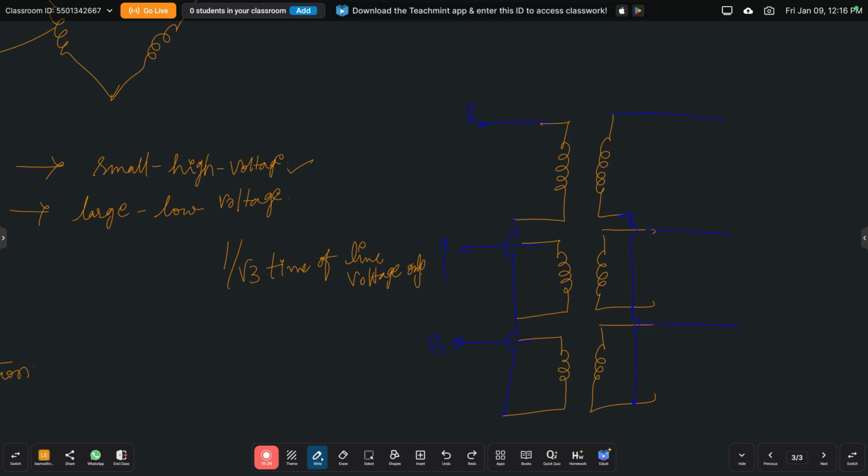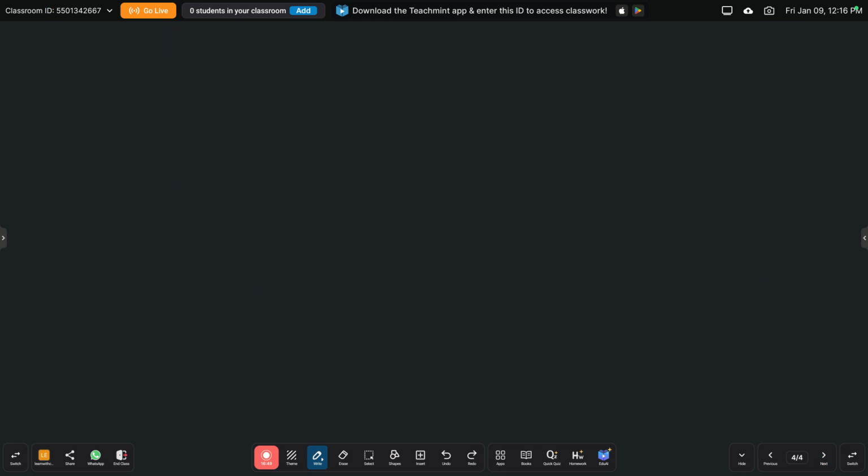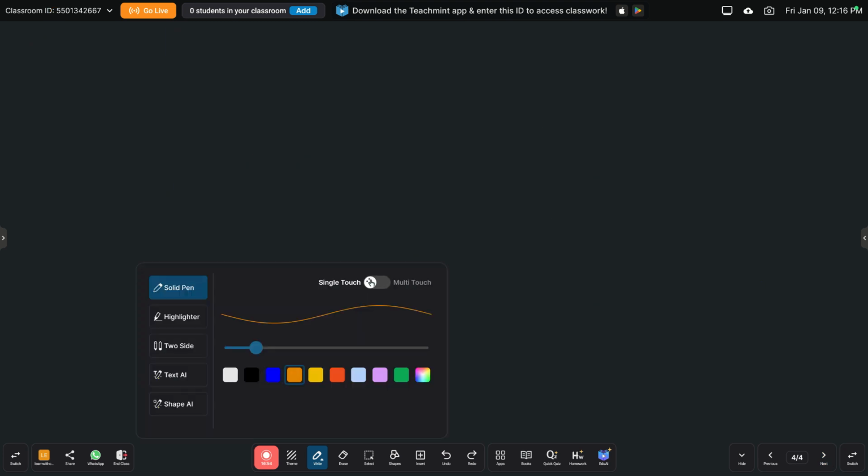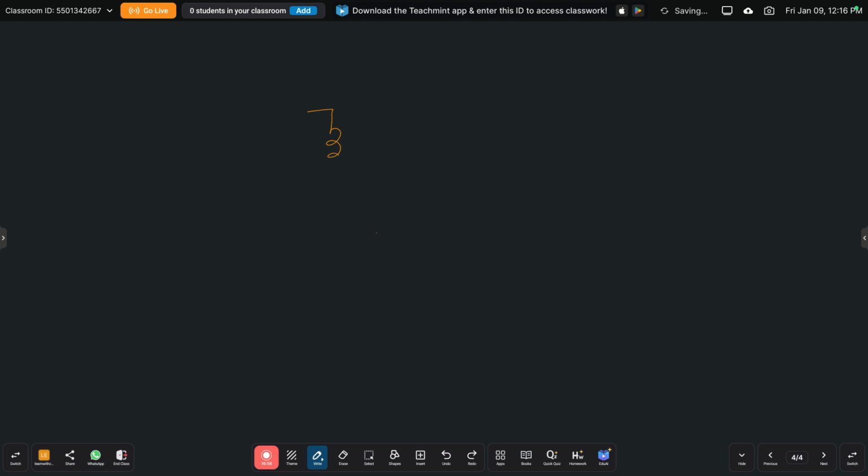For example, I am going to represent the input terminals as R, Y, B, and here as R dash, Y dash, B dash. Like this we represent the star to star connection. In the same way we are going to represent the delta to delta connection. I am going to represent the three individual transformers.